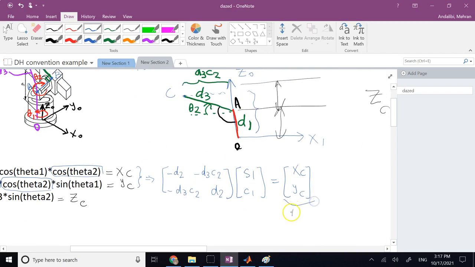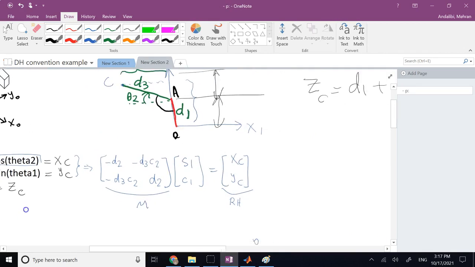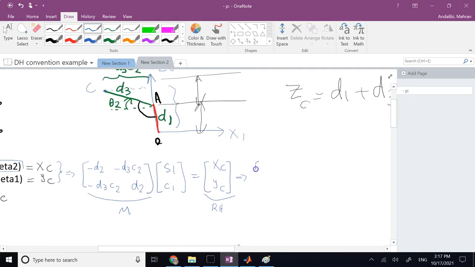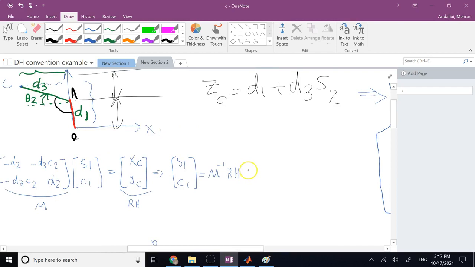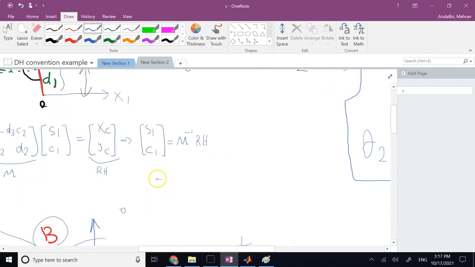If I call this the right hand side and this the M matrix, then sine and cosine of angle 1 are equal to M inverse times the right hand side. And that means your theta 1 is going to be arctangent 2 of sine 1 and cosine 1.